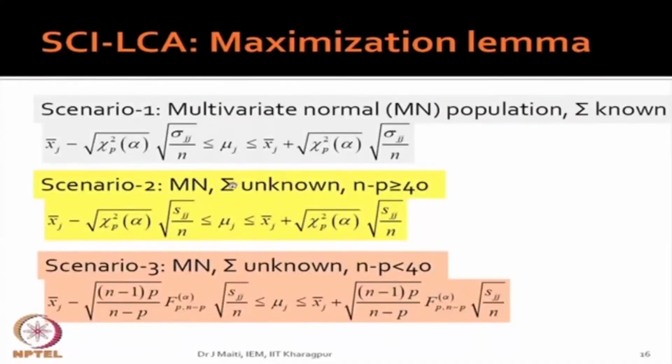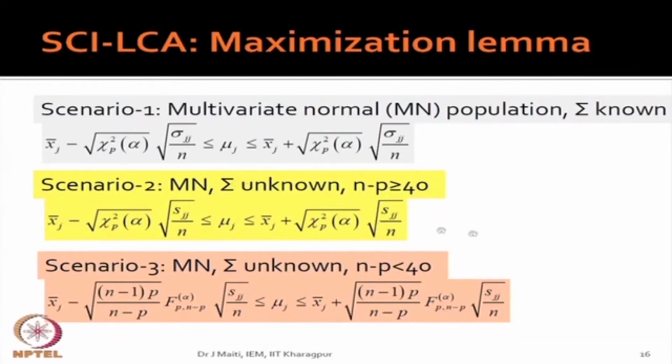Now, the three scenarios we have seen earlier. Are you facing a problem here? Simultaneous confidence interval, scenario 1: sigma is known. As sigma is known, you are using sigma j j, because if sigma is known, it is better to use that sigma. Why would you go for sample variance?